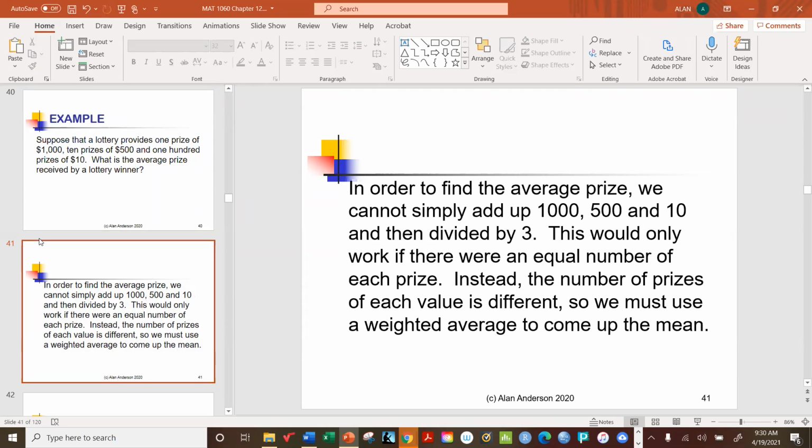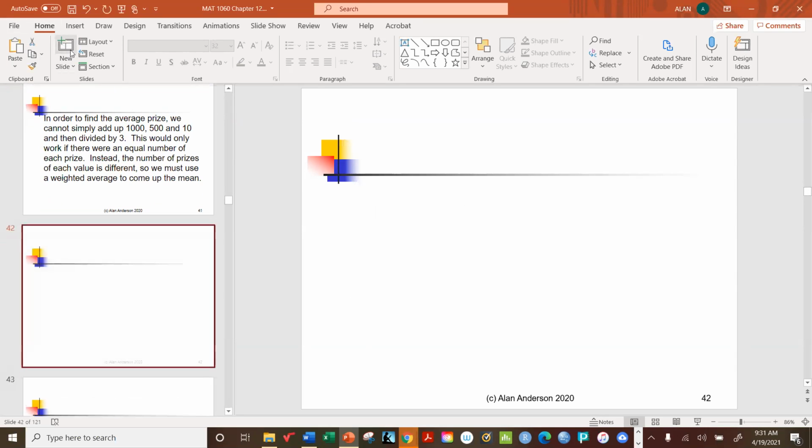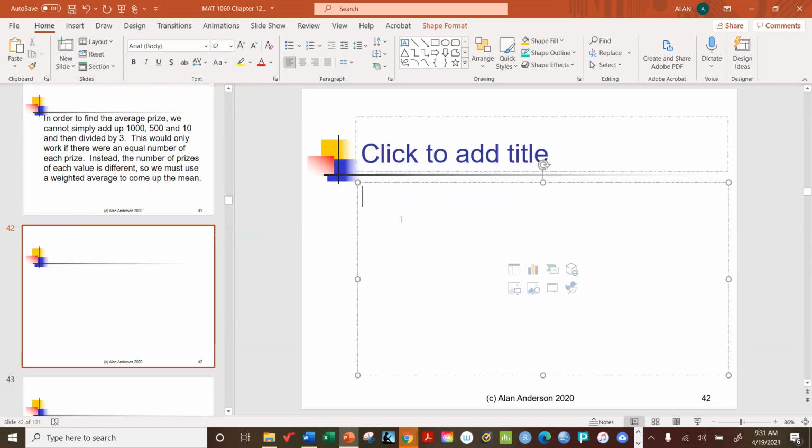All right. I think it should be pretty clear. We would never just add those 3 up and divide by 3 because we don't have an equal number of them. We've got way more $10 prizes than $1,000 prizes. Now, each time we do a weighted average, the weights themselves can be defined differently.